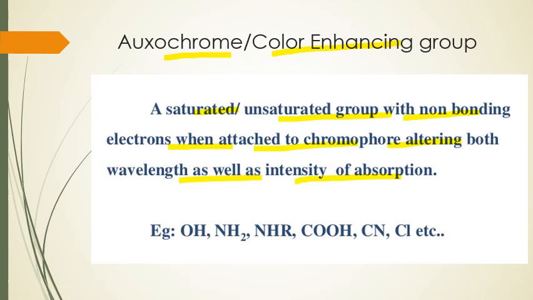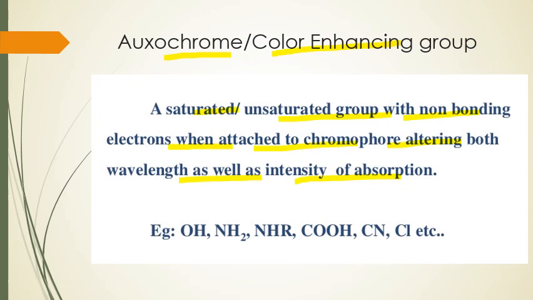Mainly, it causes the shifting of the maximum radiation which is absorbed by the chromophore. So when such groups attach to the chromophore, it is responsible for the shifting of that characteristic wavelength of the radiation, or the intensity of the absorption is also enhanced.